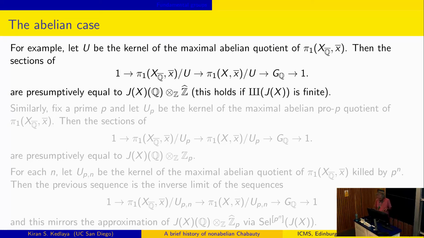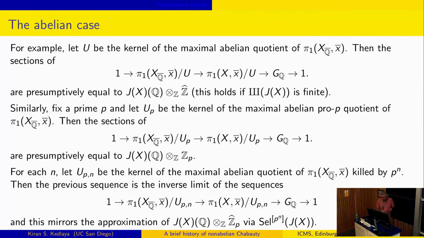So this means there are too many sections, because the rational points of J(X) are usually many more than the rational points of X. First of all, the rational points of X are a finite set, and J(X)(Q) is only finite if it's rank 0. So this is too much, but anyway, you could also fix a prime p and project onto the p-adic part. That's what I'm doing here.